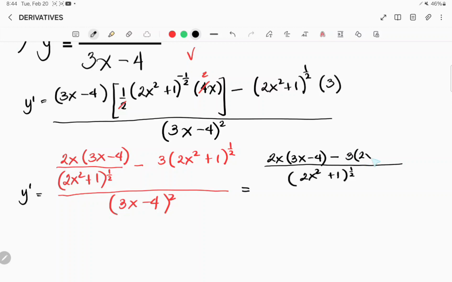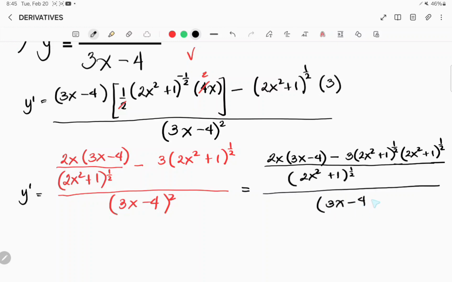So we have 3 times 2x squared plus 1 raised to 1 half times our LCD, 2x squared plus 1 raised to 1 half, all over our general denominator, raised to 2.